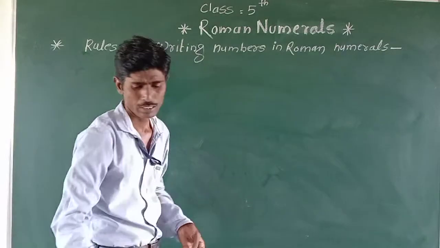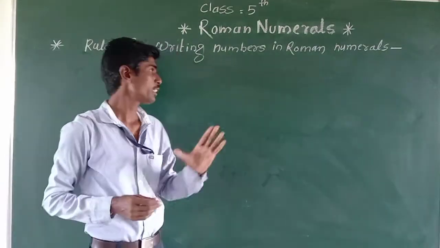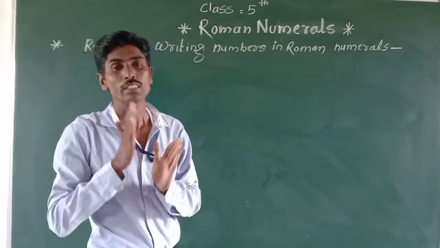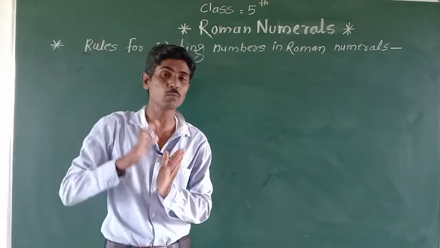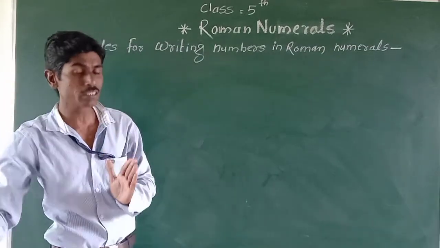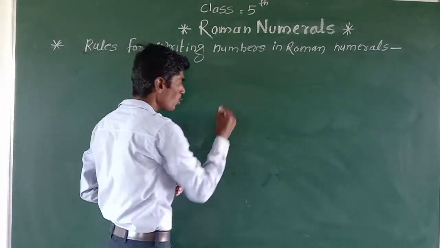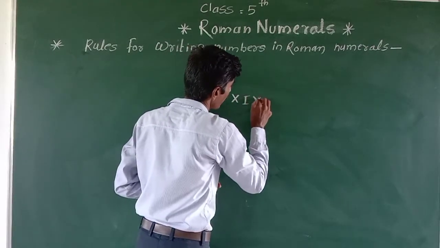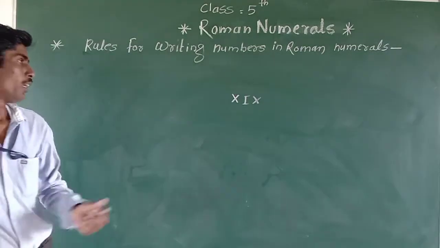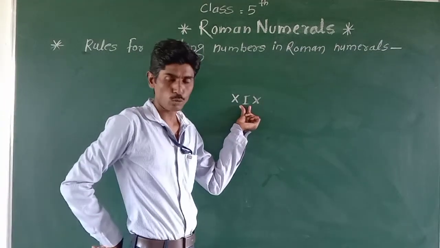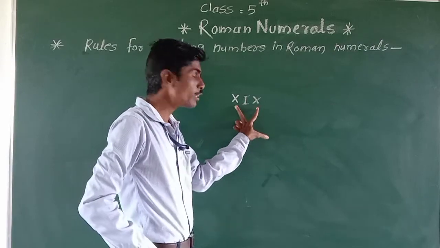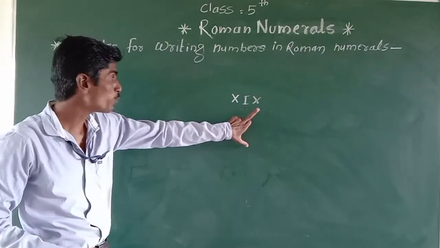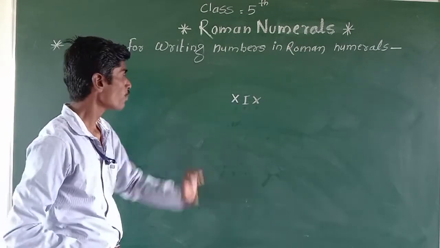Then if a smaller numeral is in between two larger numerals, that smaller numeral is subtracted from the numeral on its right side. Take X, I, and then X. This I is a smaller numeral between two larger numerals. We have to subtract this I from the second 10, not from the first 10.